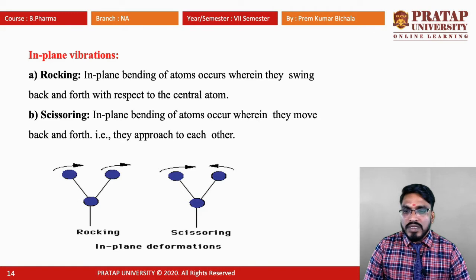The movement of atoms in a plane is in a clockwise direction in rocking vibrations, whereas in scissoring the atoms move back and forth, in opposite directions, like the working of a common scissor, approaching each other.